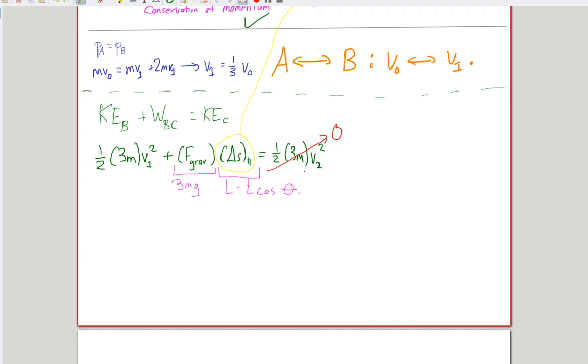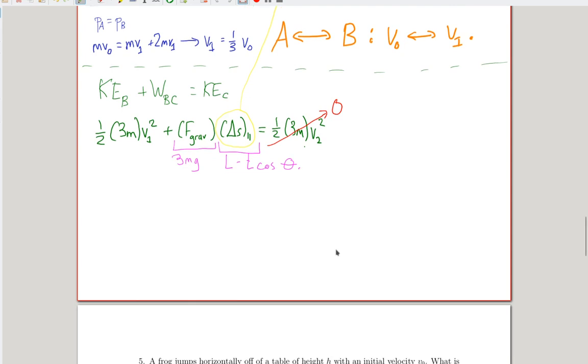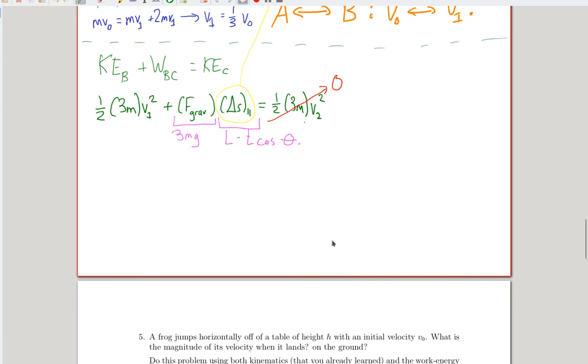I'm going to write one more line of algebra before I cancel. So this gets me 1/2 times 3m v1 squared plus 3mg times L minus L cosine theta equals 0. I can cancel the 3m's.